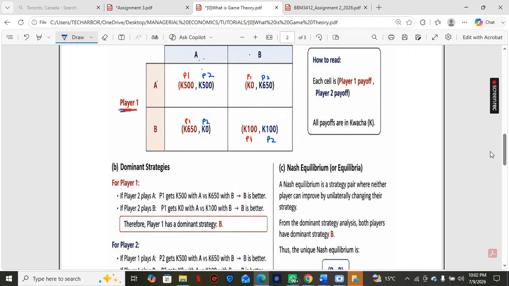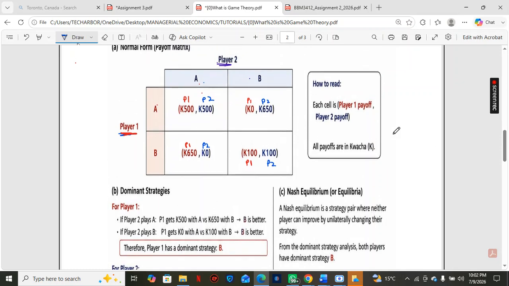So for example, if player 2 chooses strategy A, it means they're getting a payoff of 500 kwacha. So player 1 can also choose strategy A, but you get a payoff of 500, or he can choose strategy B, which is going to get a payoff of 650.